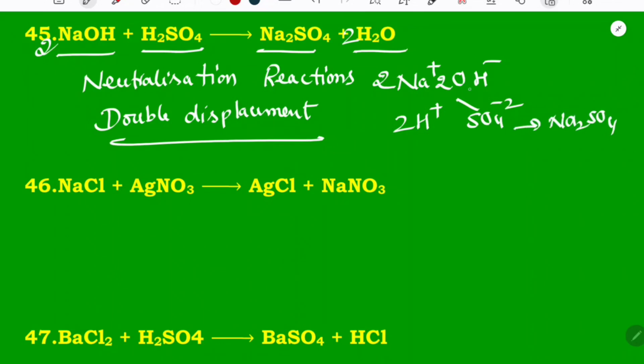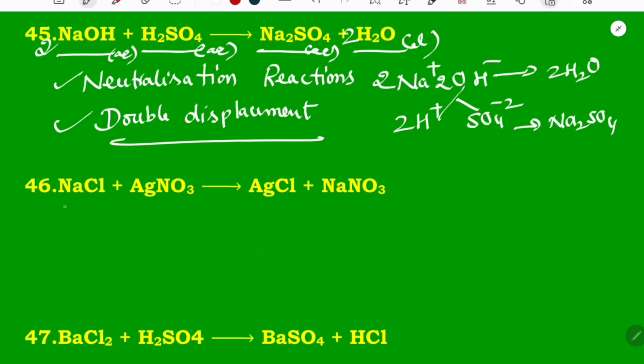Then these two combine to form water. So this is a neutralization reaction as well as a double displacement reaction. Double displacement means mutual exchange of ions takes place. In physical states, you already know, aqueous should be aqueous.